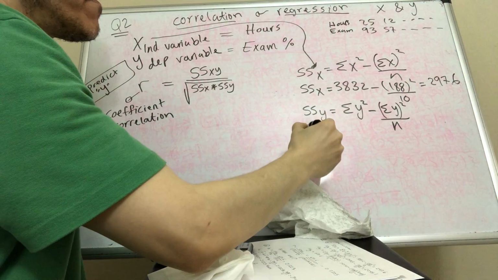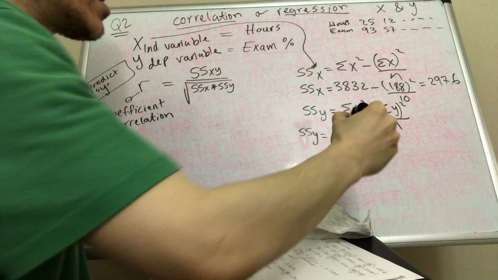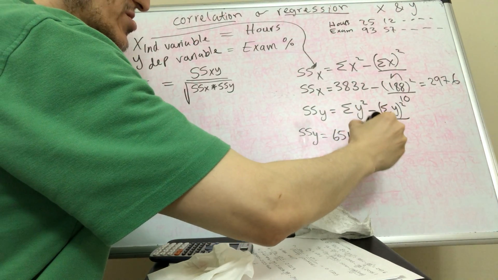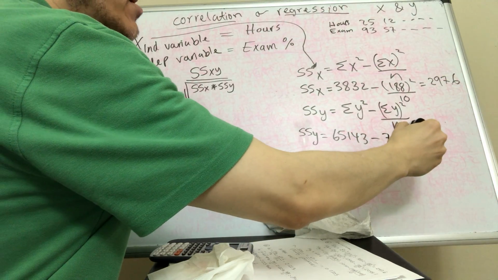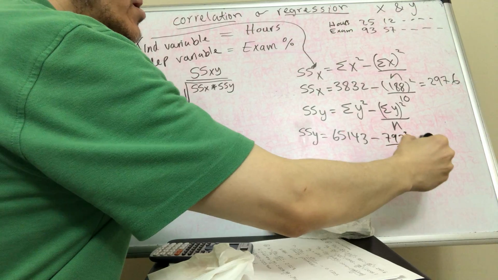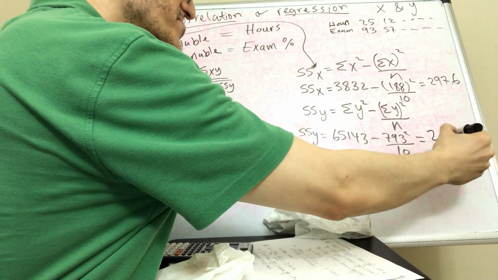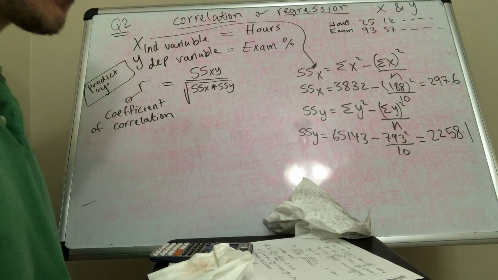Again, I did that. This number is 65,143. And the number 73 squared over, and there are 10 students, 2258.1.